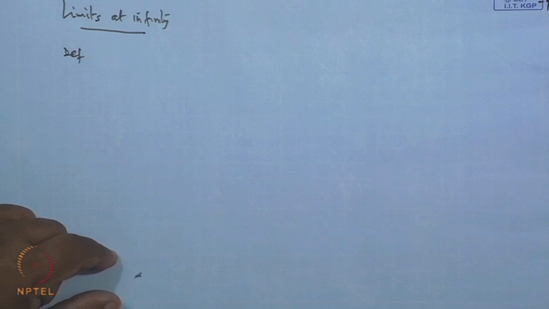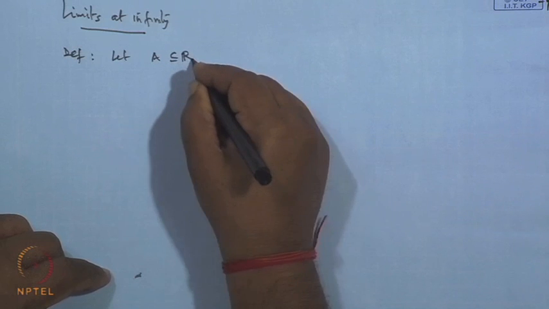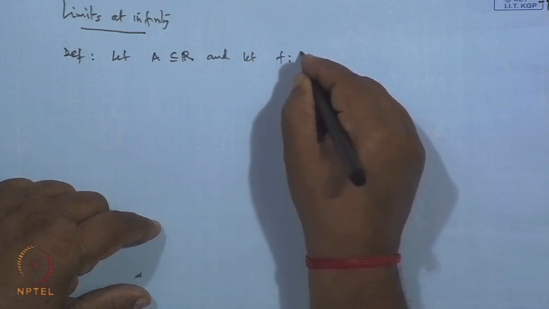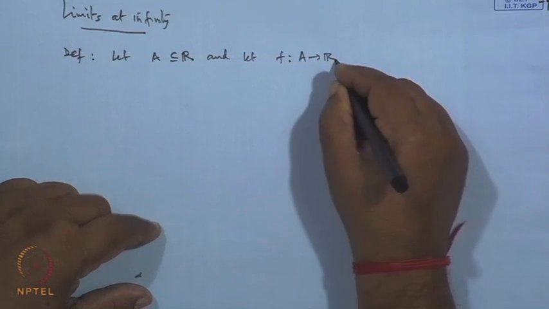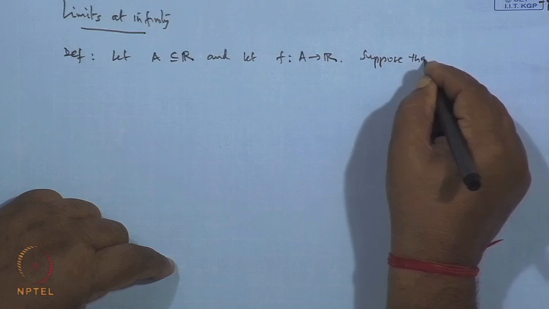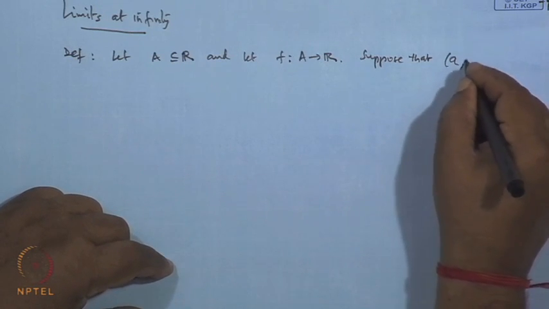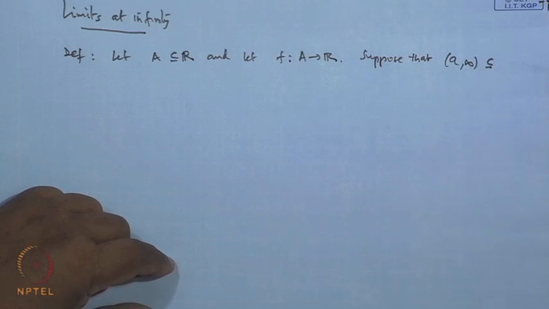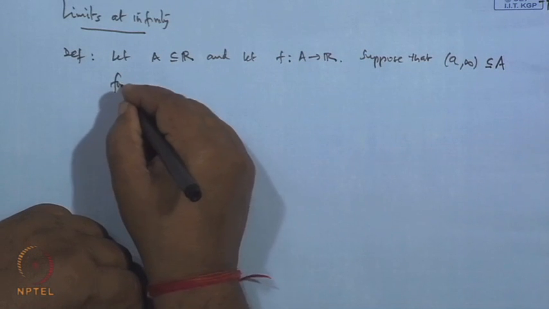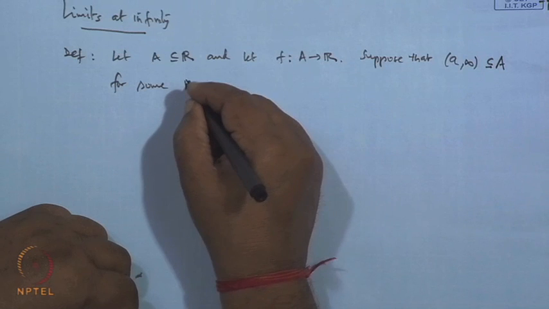Let A be a non-empty subset of R, and let f be a mapping from A to R. Suppose that (a, infinity) is contained in A for some a belongs to R.